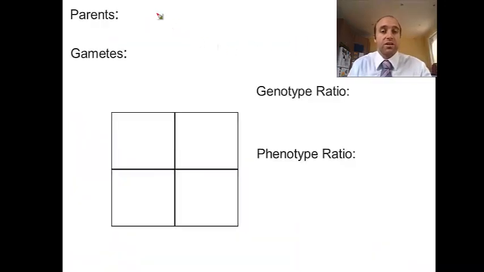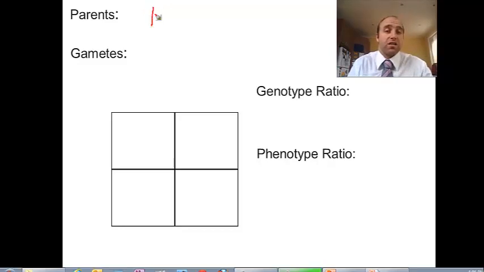So let's have a look at this in a problem. Let's imagine that we have an individual with blood group, let's make them heterozygous for blood group A, and we'll cross them with someone with blood group AB.